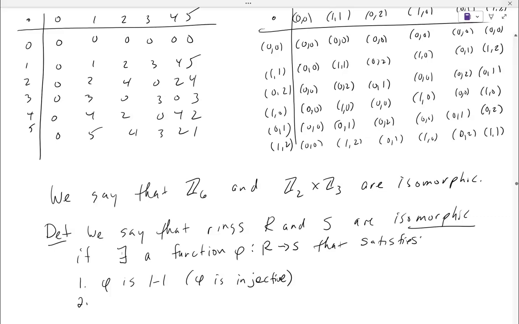2. Well, not only did I say I needed to have my A, B, C, D, E, F, I can't have my A and my B go to the same thing. If I have A, B, C, D, E, F in the first one, to have a table that looks the same, in the second one, I would need to see A, B, C, D, E, F again, right? I need to have the same number of elements in the other one. In particular, I need to make sure it's onto.